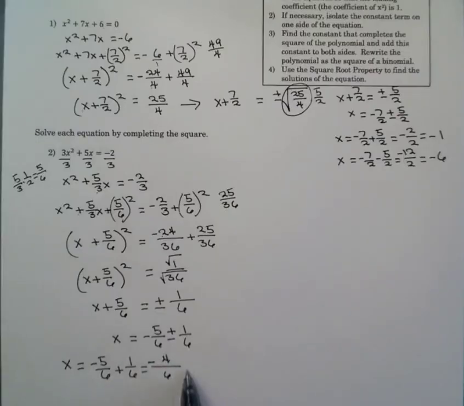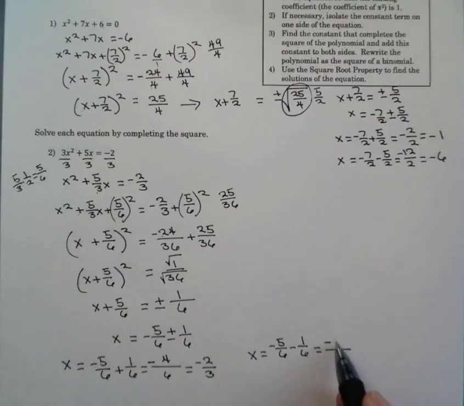Over 6, which is going to be a negative 2/3. And let's do the other one over here. X could equal that negative 5/6 minus 1 over 6. Well, they're both negative, so I'm going to say negative 5 minus 1, right? That's going to give me negative 6 over 6, which is going to be a negative 1, isn't it? So I got two solutions, negative 2/3 and negative 1.